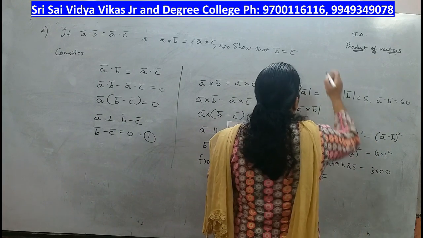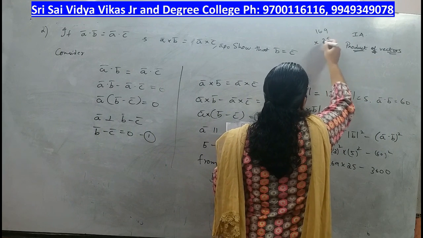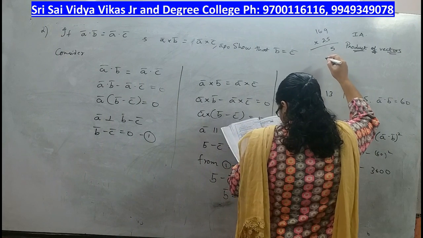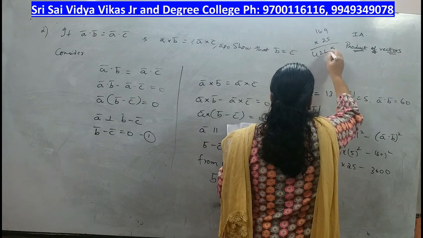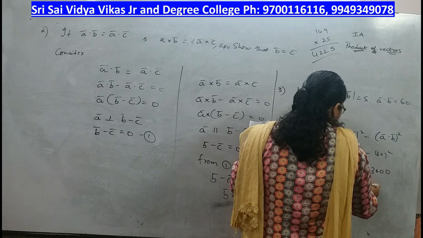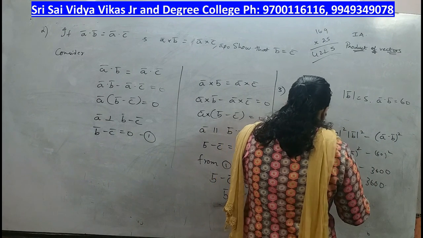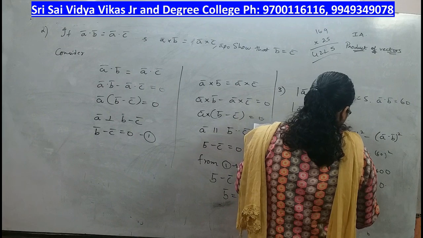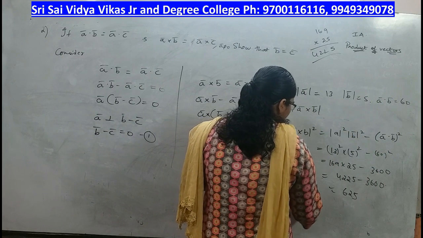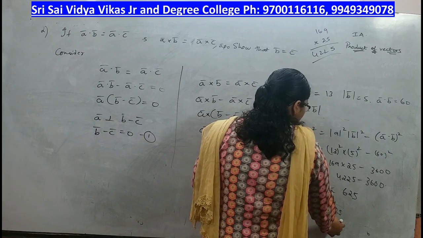That is 169 into 25. 5 9s are 45. You get 4225. So 4225 minus 3600 is equal to 625. Modulus of a bar cross b bar is equal to root of 625, which is equal to 25.